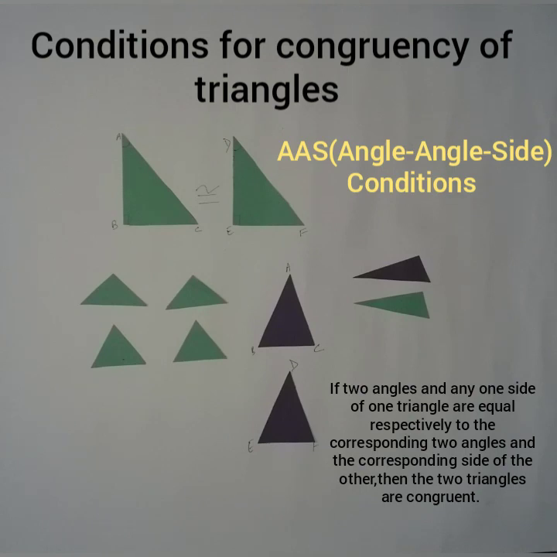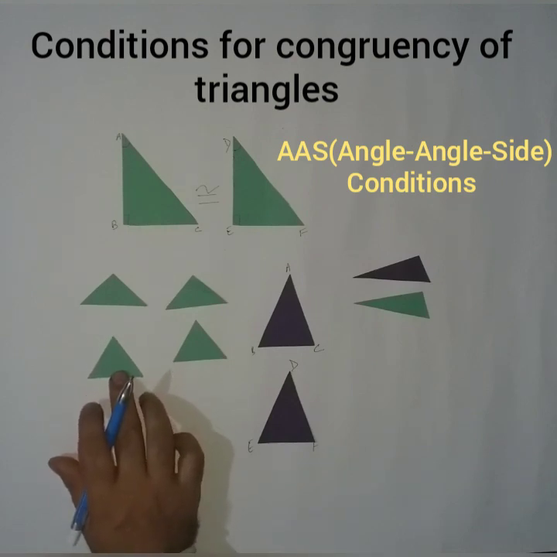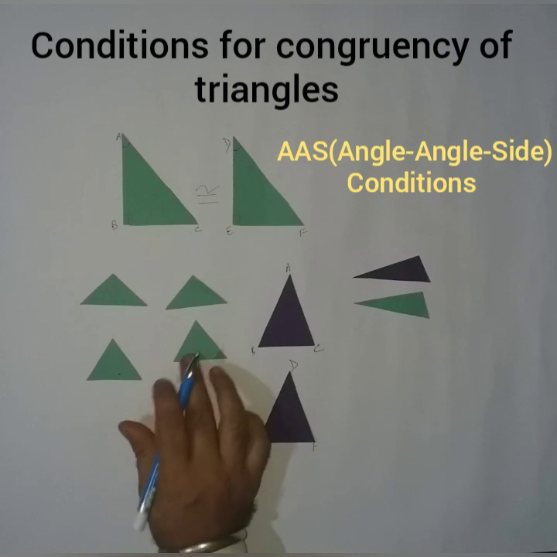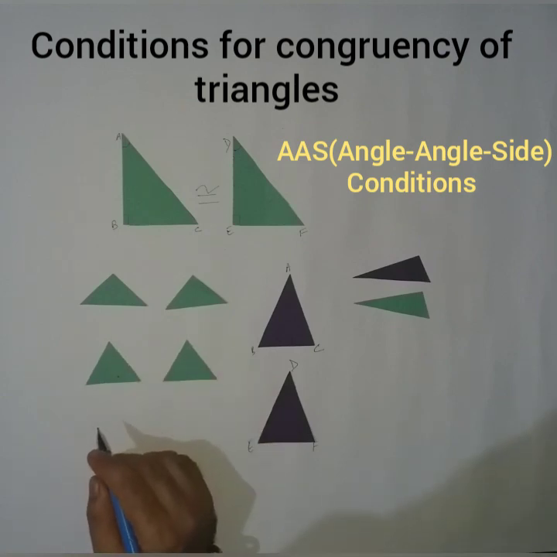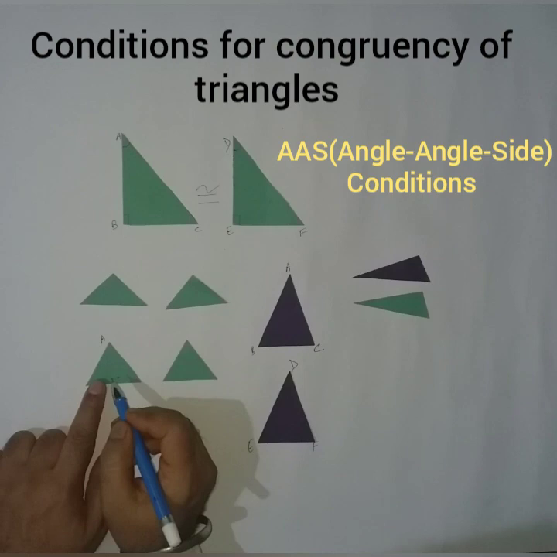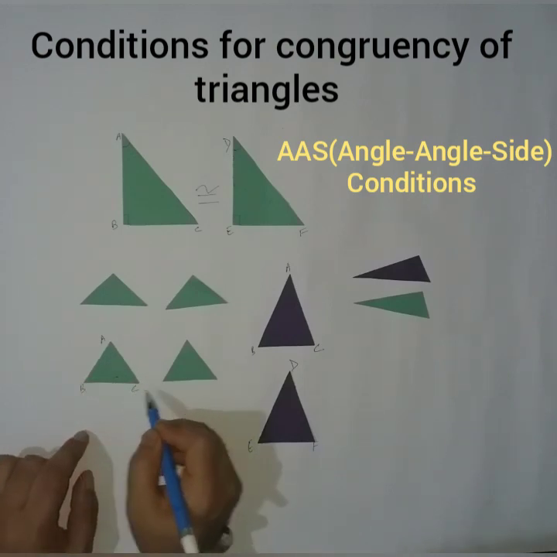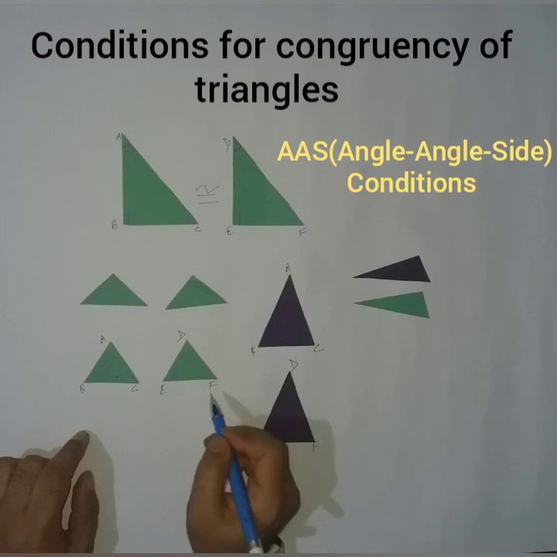Let us see here with the help of these figures. With this triangle and this triangle, let us see angle angle side. Suppose this triangle is named ABC, and this one is DEF.